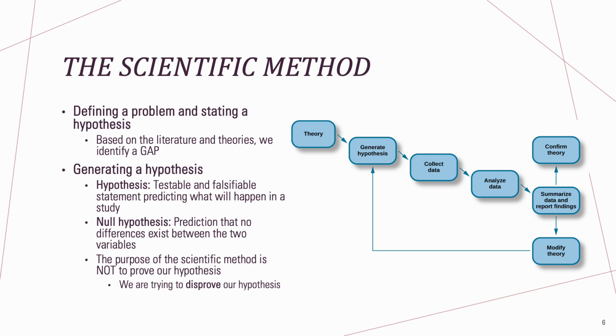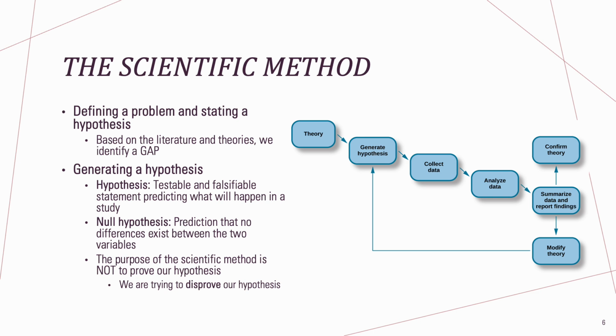And so remember, the purpose of the scientific method isn't to prove our hypotheses. We always stand on the other side. We're trying to disprove our null hypothesis because we want to show that our hypothesis is not just by chance. It exists in this particular context, and it actually is not just a chance occurrence, but because of this particular paradigm that we're using or this particular manipulation that we're using.